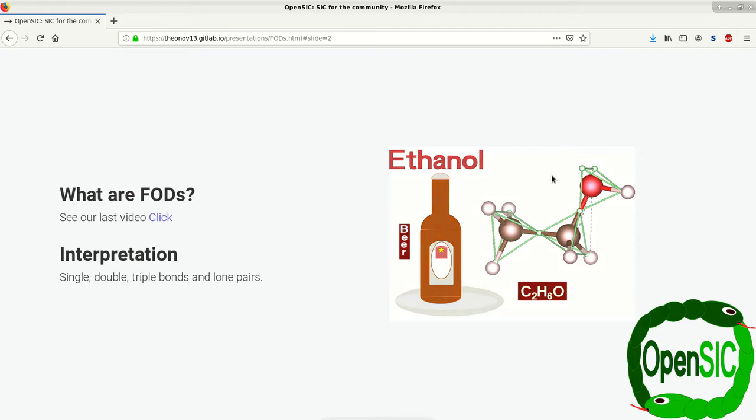For example, here on the right hand side we have ethanol, C2H6O, where in brown we have the carbon atoms, in white the hydrogen atoms, and in red the oxygen atom. In addition, the green points correspond to the FOD positions of one spin channel. The FODs of the other spin channel are at the same position.